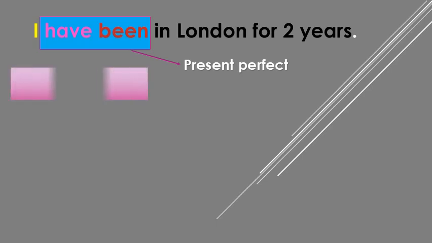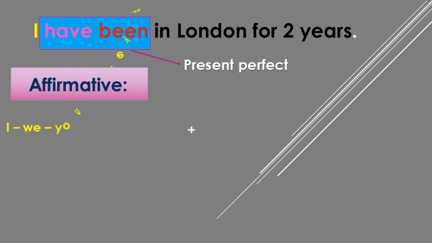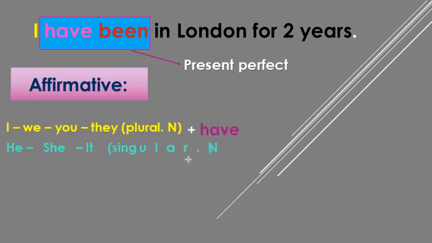So the affirmative form, الحالة المثبتة, if the subject is I, we, you, they or any plural noun, إذا كان الفاعل ضمير جمع أو أي اسم جمع, we add have, and if the subject is singular he, she, it or any singular noun, إذا كان الفاعل من ضمائر المفرد أو أي اسم مفرد, we add has plus past participle form, هو التصريف الثالث, and we add full stop.